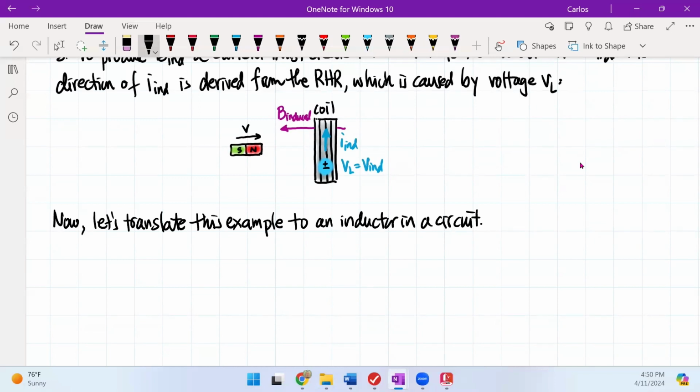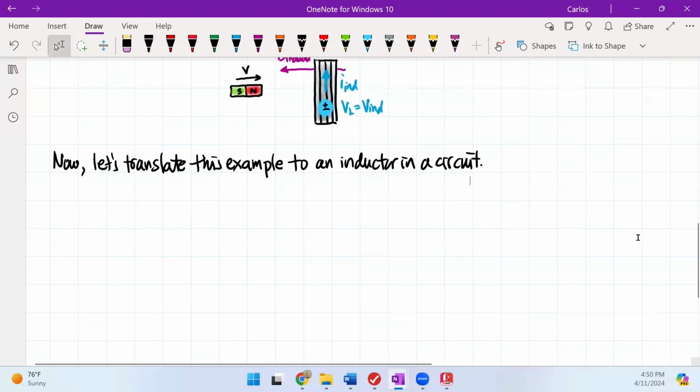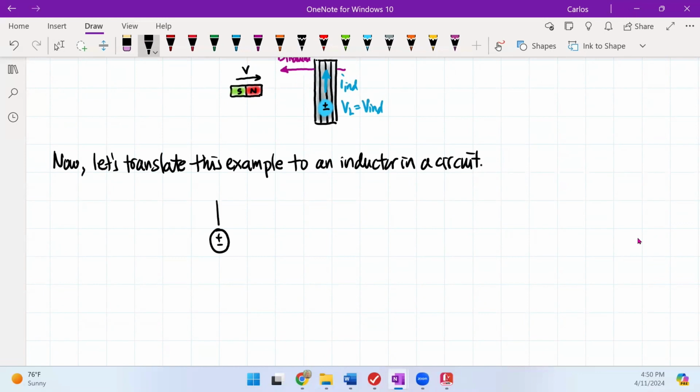What we imagine here is a circuit that's going to look something like this. I have a source, and the source has a switch, and it also has an inductor.